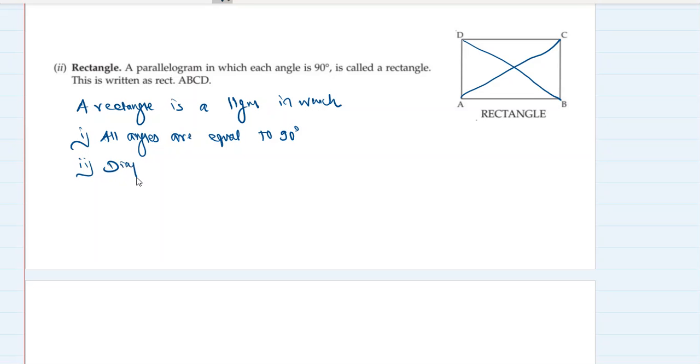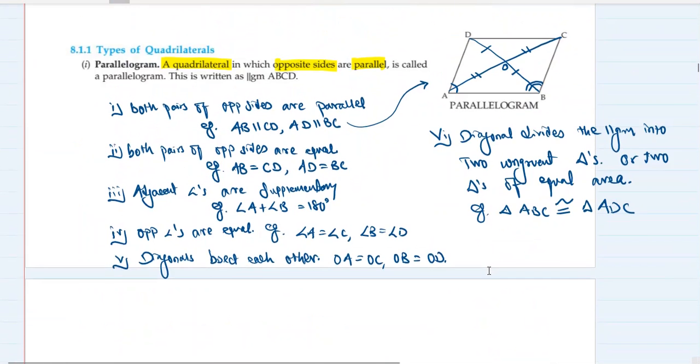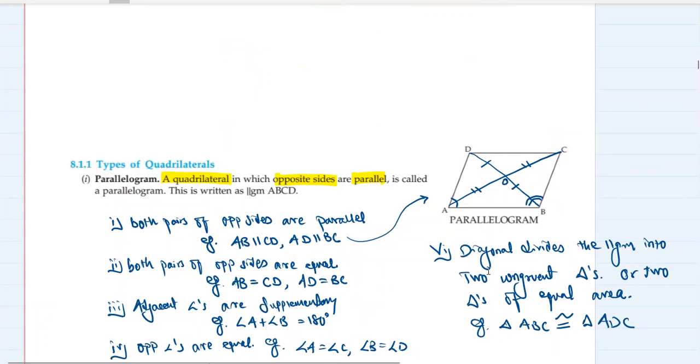The second property is that the diagonals of a rectangle are equal, which is not there in a parallelogram. Diagonals are equal, that is AC is equal to BD. It was not there in a parallelogram.